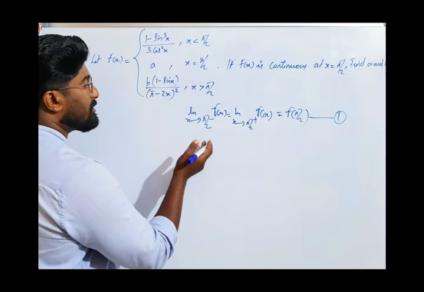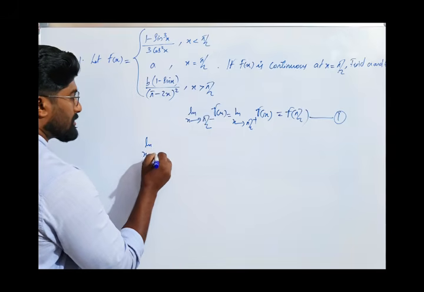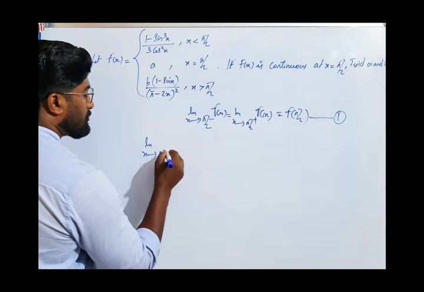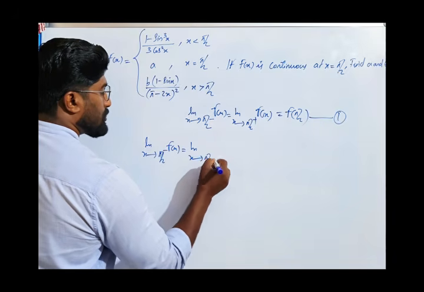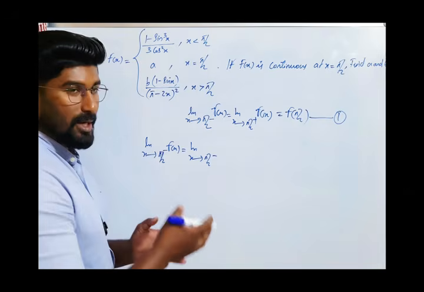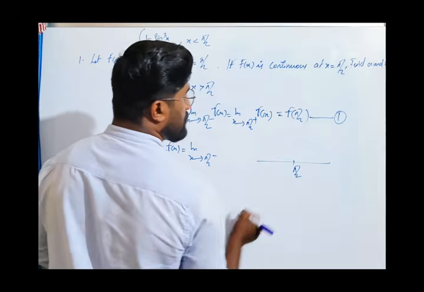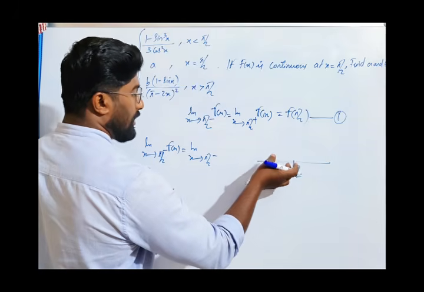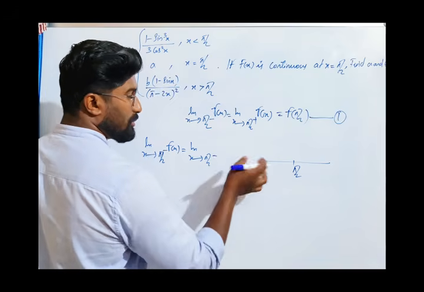So first I am going to find limit x tends to pi by 2 minus f of x. What is pi by 2 minus? Suppose if I take a point pi by 2, those expected values of x that are tending from the left side to pi by 2, that is pi by 2 minus.